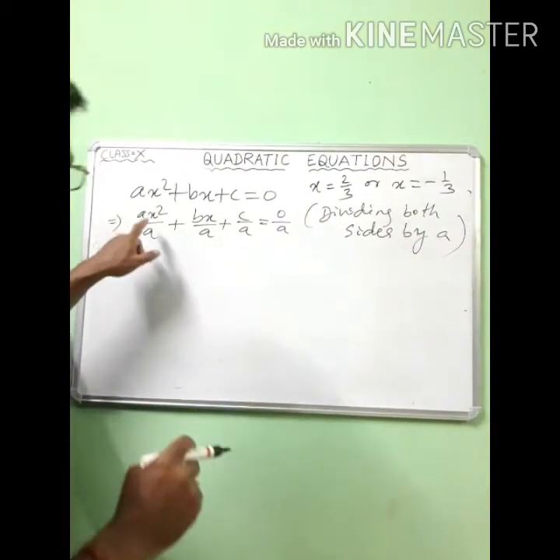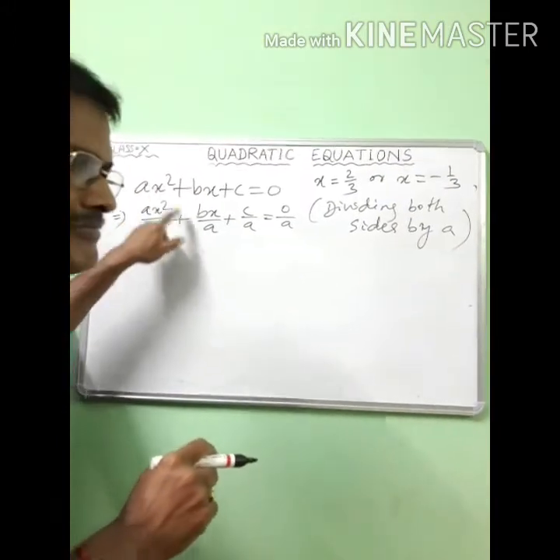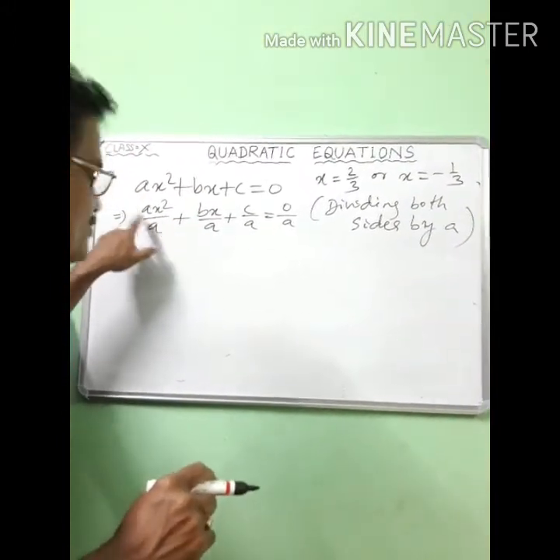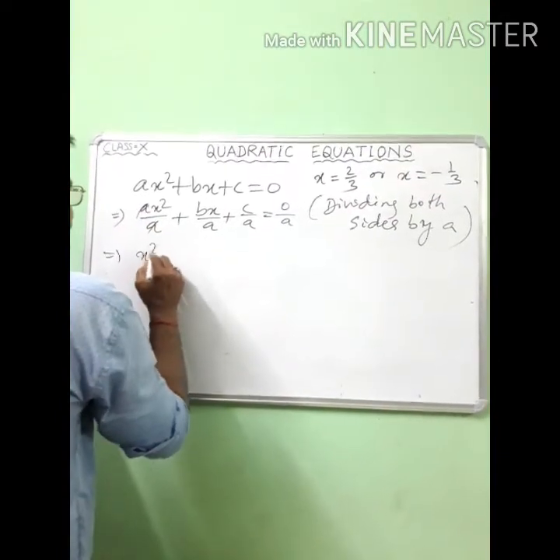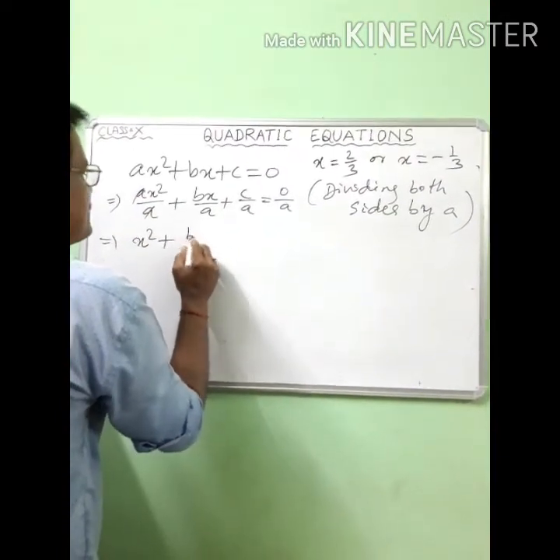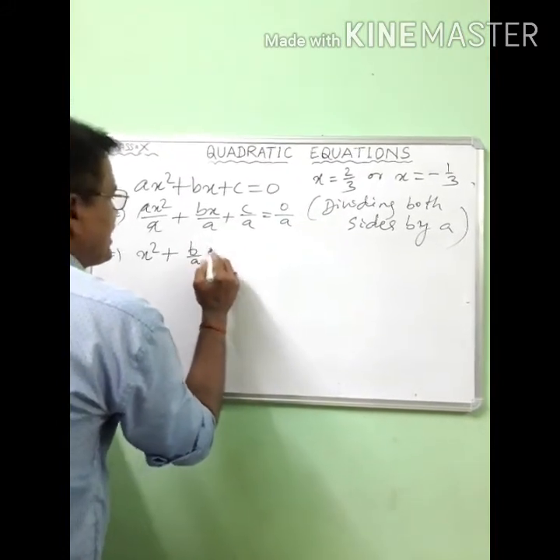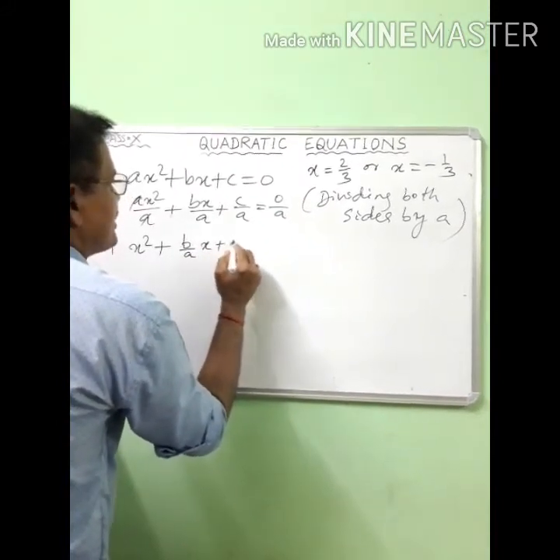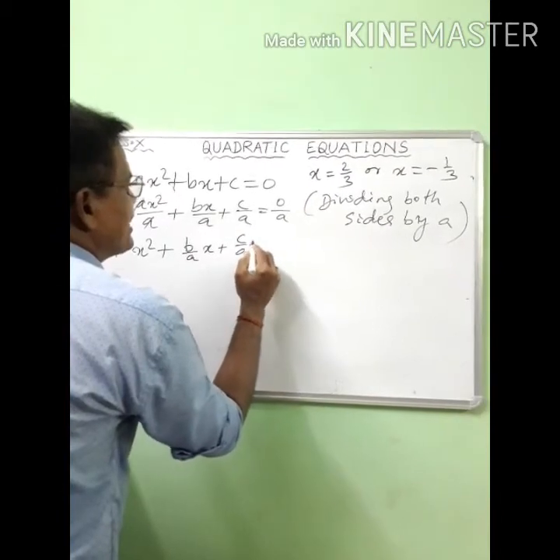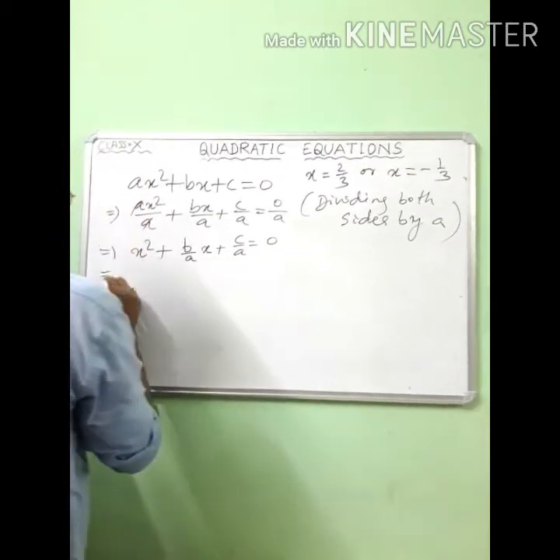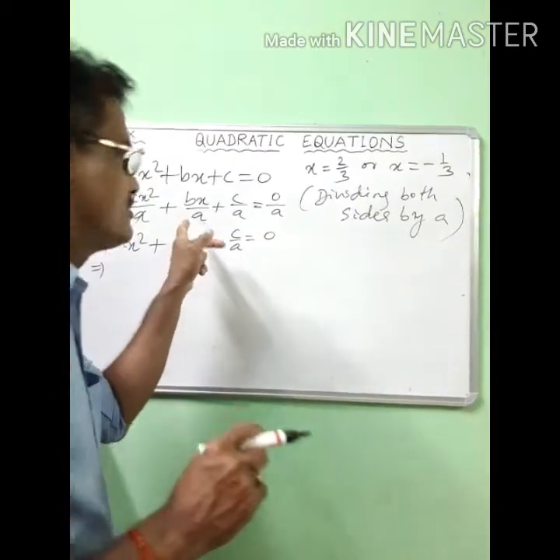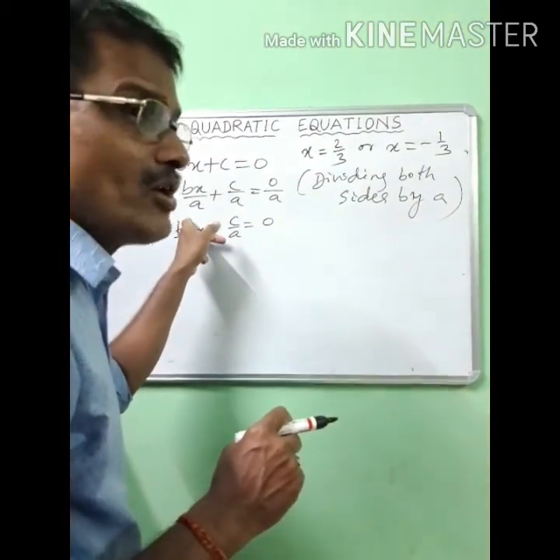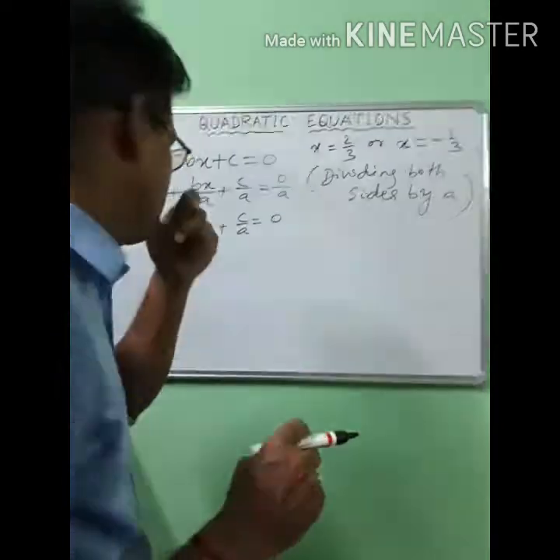Why? Now to make the first term a perfect square. So a cancels. So that means x square plus b by a x plus c by a is equal to 0. Clear? So this is also like the completing square method. Okay.